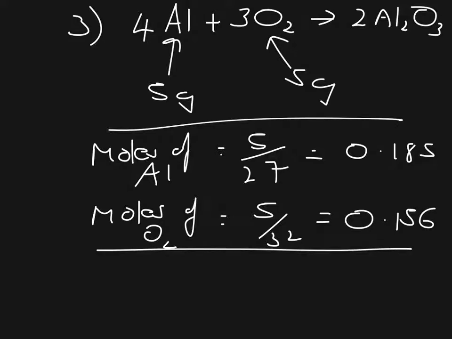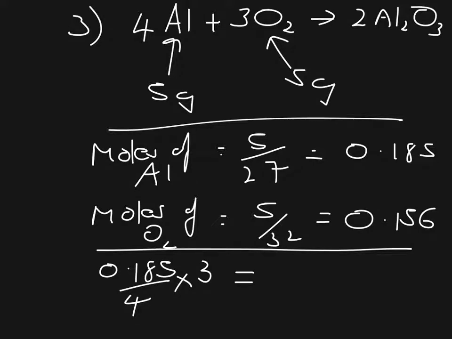Well, let's look at aluminium first of all. To react with 0.185 moles of aluminium, I would need to divide that by 4 and times that by 3 to work out the moles of oxygen that I need.